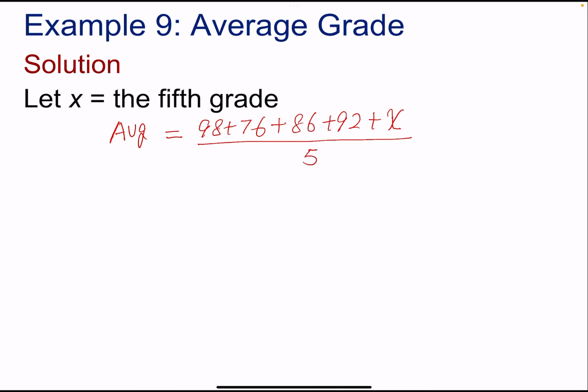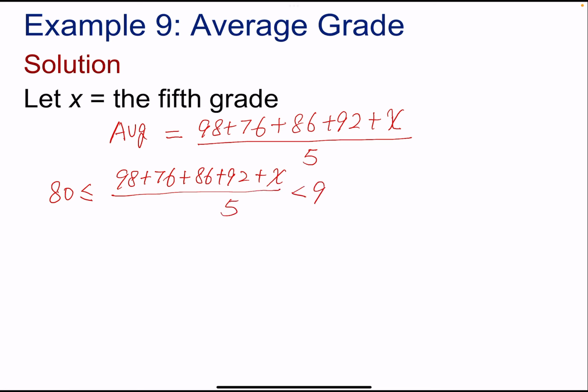And we want to figure out what are the possible x, the grade on test 5 the student needs to get a letter grade B. So we want this average greater than or equal to 80. So let's say 98 plus 76 plus 86 plus 92 plus x, divided by 5, and less than 90, right? So that's how you find out what grade you need to earn to get a B.